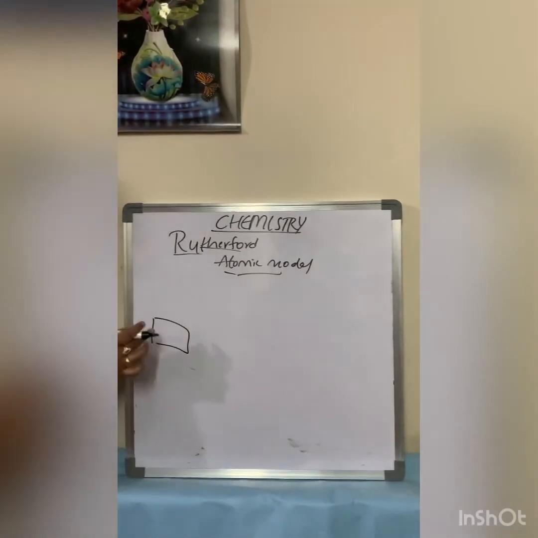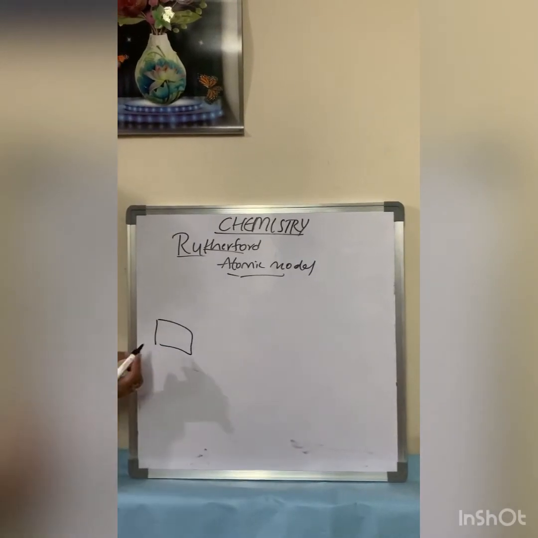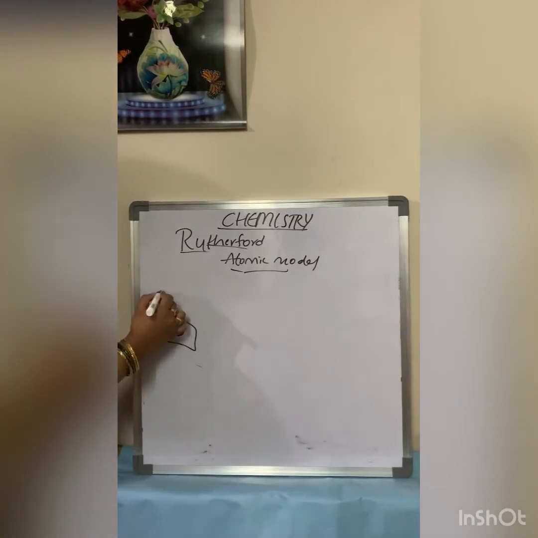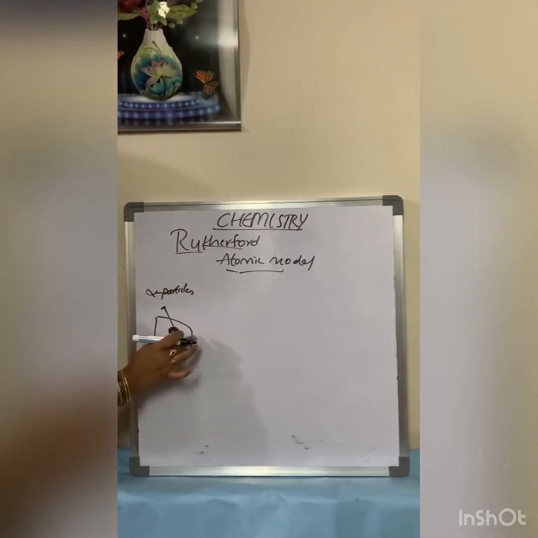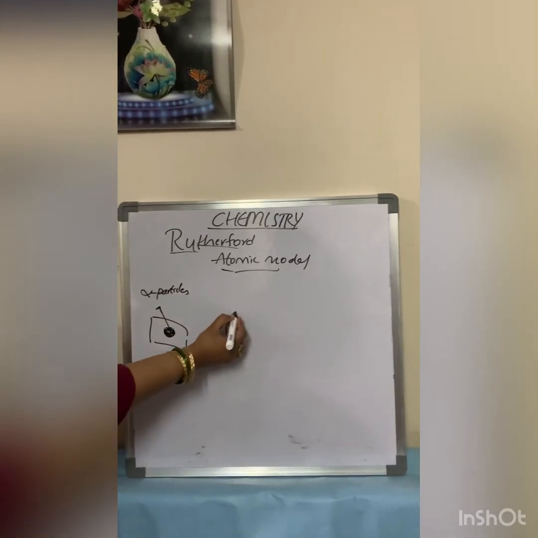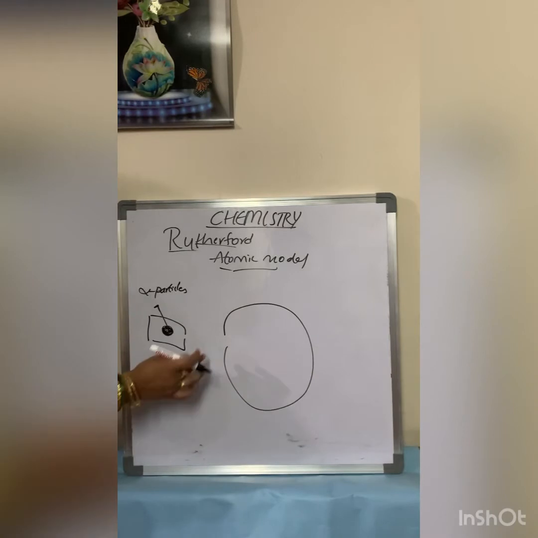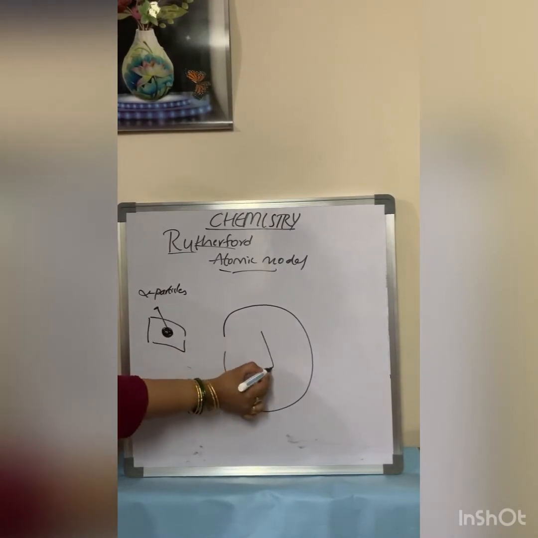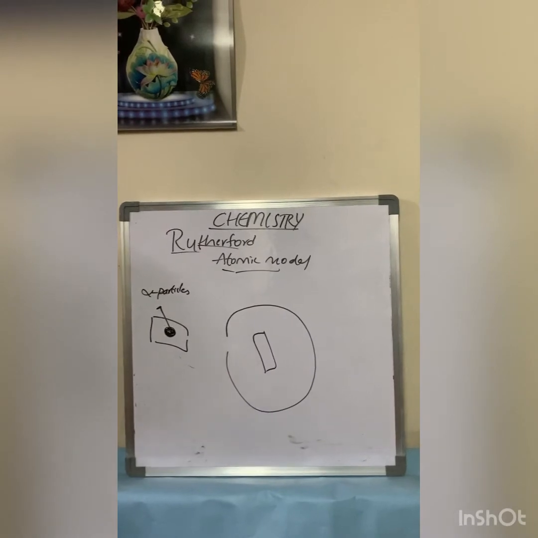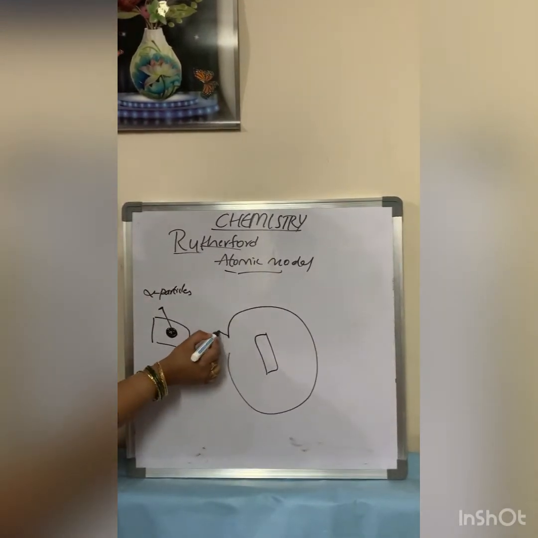This is a lead container. In this he had taken alpha particles. There is a slight opening here. In 3D you can understand it clearly, but now I'm explaining on the board.